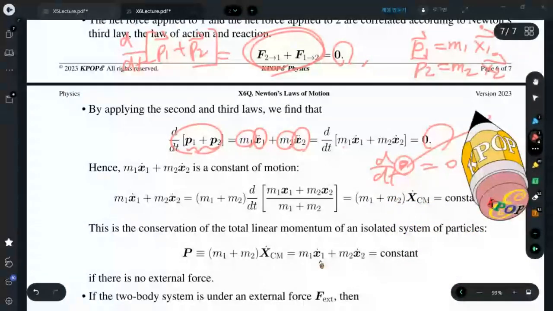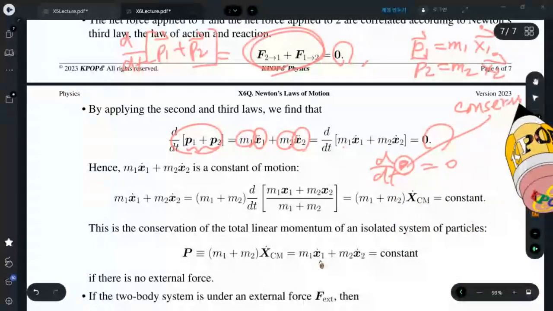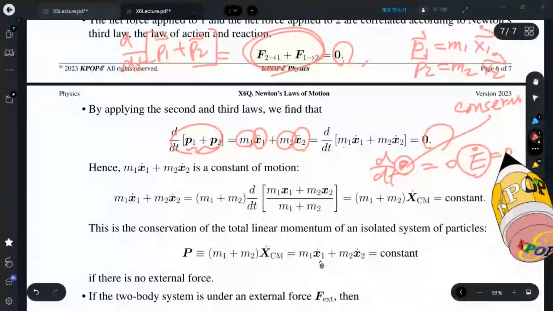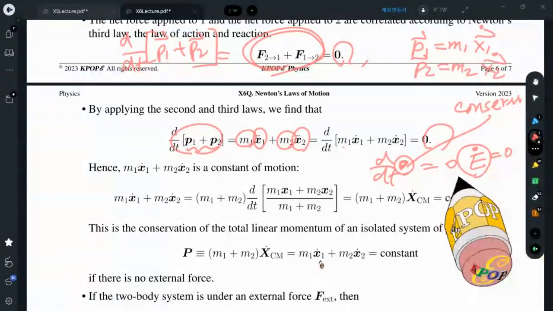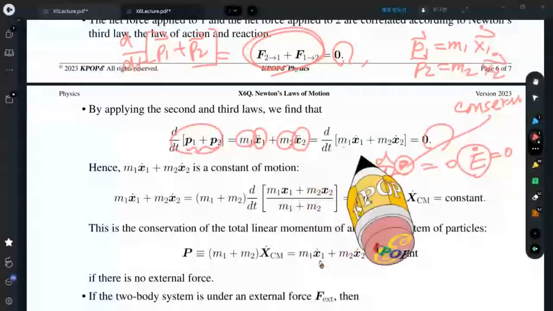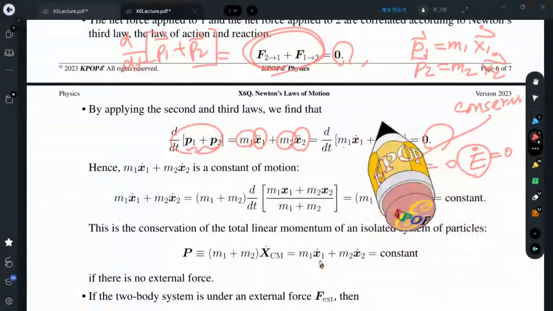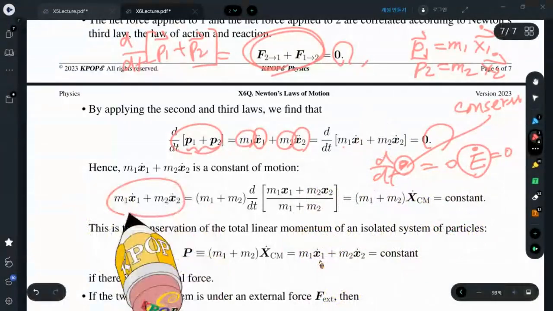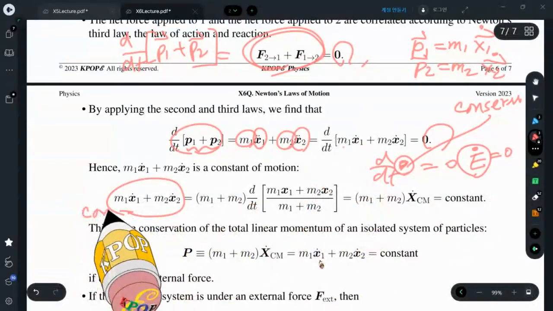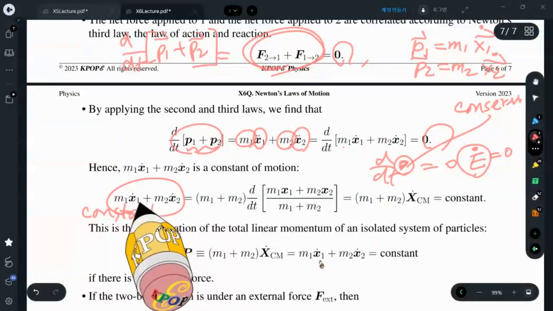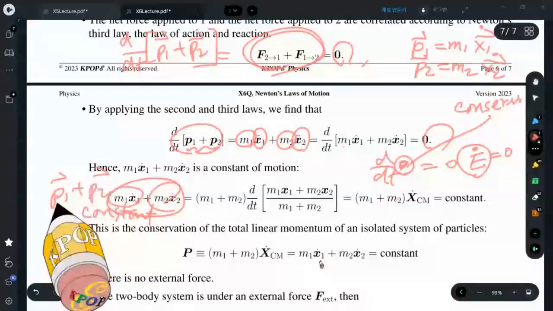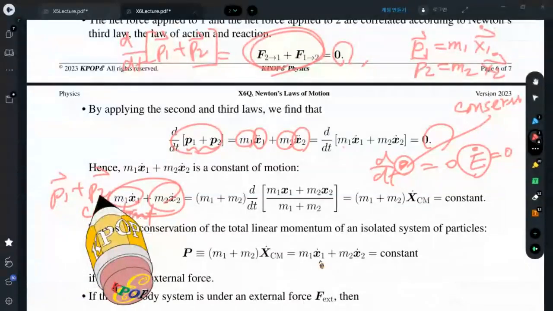That means a conserved quantity. For example, the total mechanical energy's time derivative is 0. Total mechanical energy is conserved. In here, this derivative is 0. That means this guy without the derivative is a constant. And what's that? This is P1 plus P2, the sum of the linear momenta.